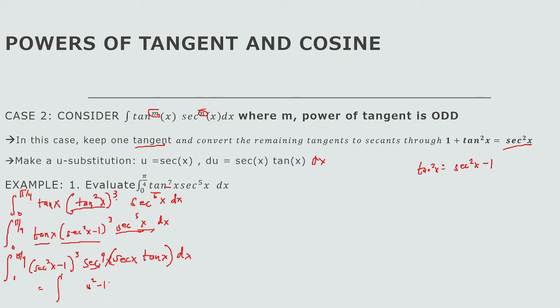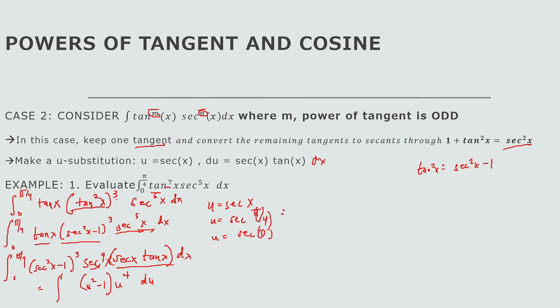Our sec to the power of 4 is u to the power of 4. And then our sec x tan x dx is equivalent to du. So to change the limits, u is equal to secant of x. So u, the upper limit is secant of pi over 4. The lower limit is secant 0.